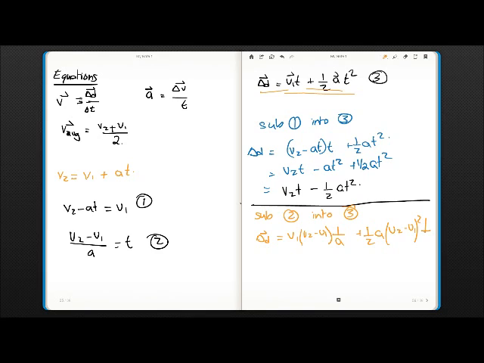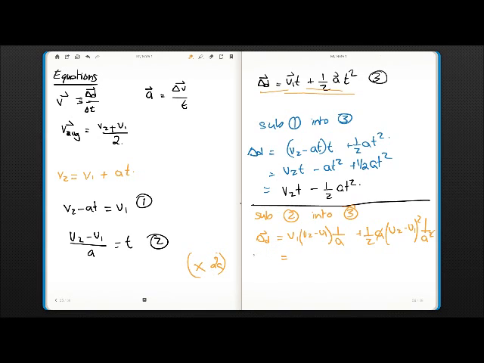Again, I'm going to split the a, take out the a from the bracket. As you can see, the a cancels out here, and next step I'm going to multiply both sides by 2a.